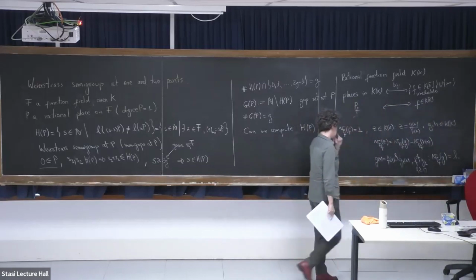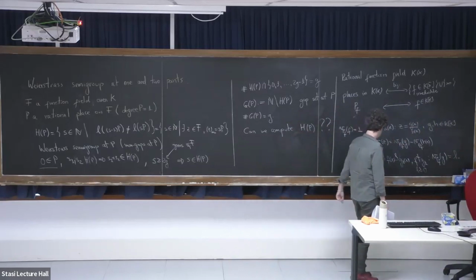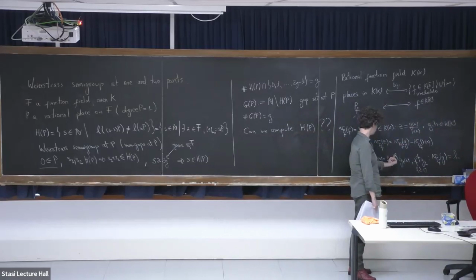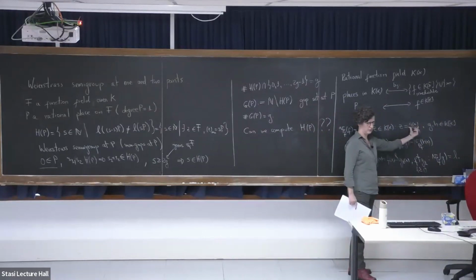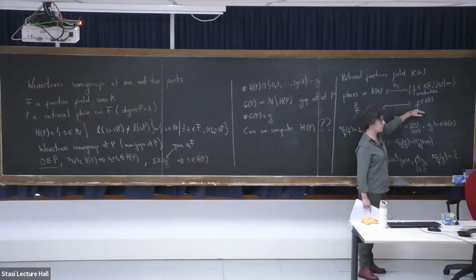And so you see, for example, if L is 0, it means that f does not divide the polynomial G. Okay, so for example, imagine your polynomial here is a degree 1 polynomial.